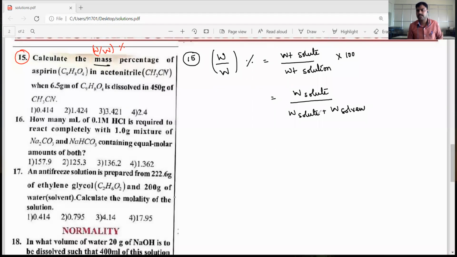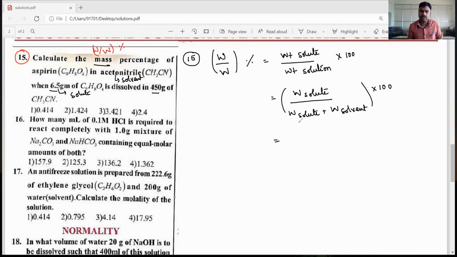Okay, dear students, just substitute here: the solute is aspirin, and its weight they gave. 6.5 grams of aspirin is dissolved in 450 grams of acetonitrile. This acetonitrile is the solvent, and this aspirin is the solute.